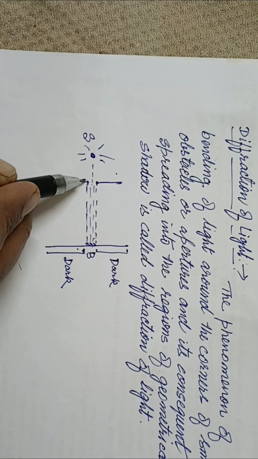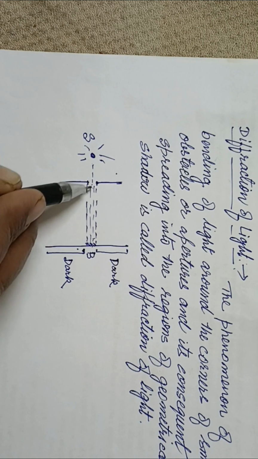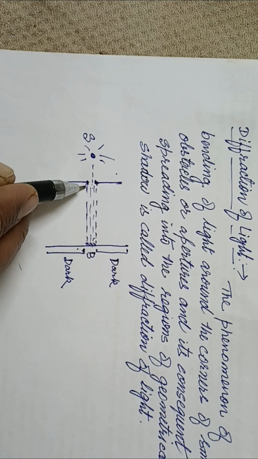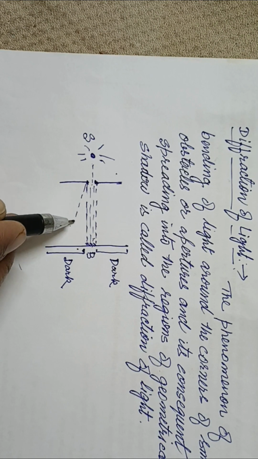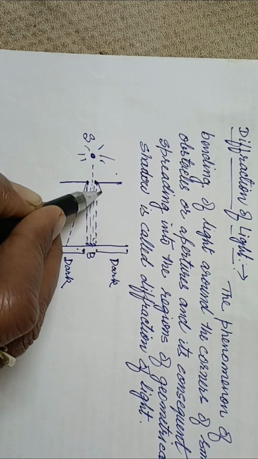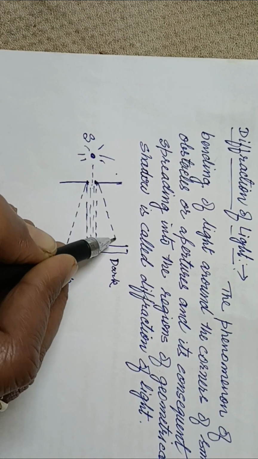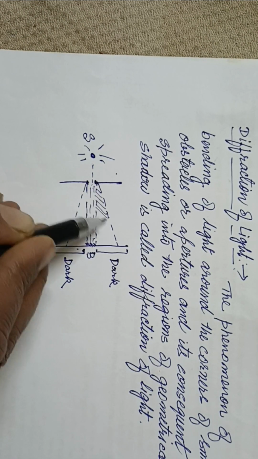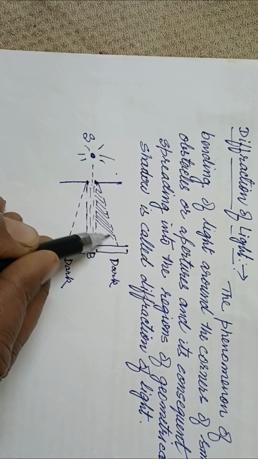Actually what is happening, when light enters through this slit, it bends a little bit over here and it goes in the darker region also, in both directions, on both sides.